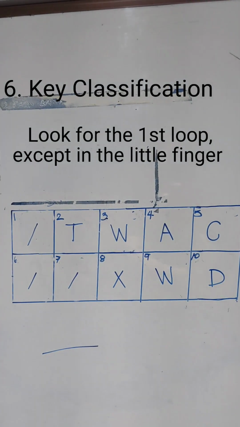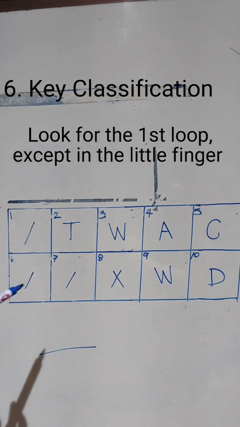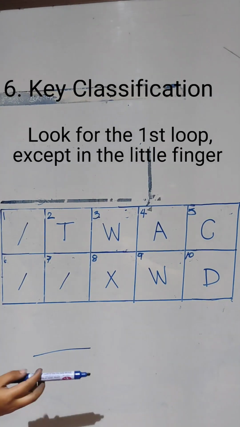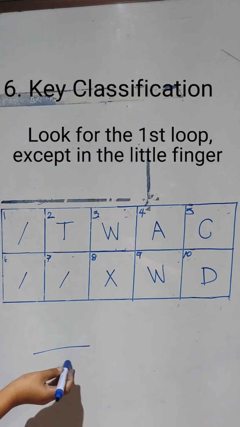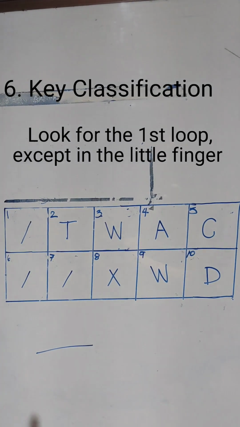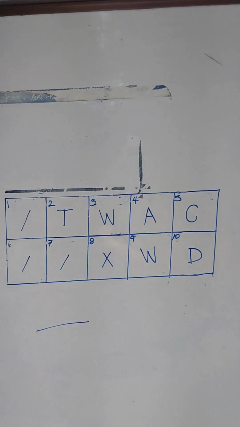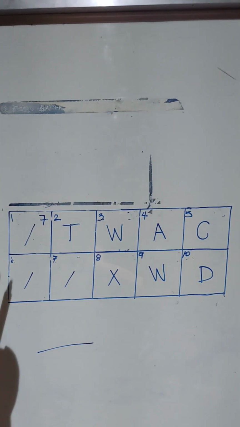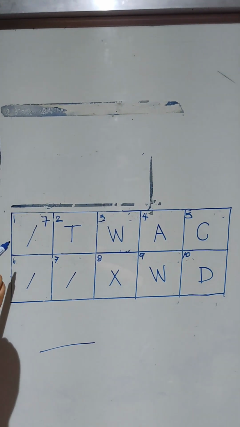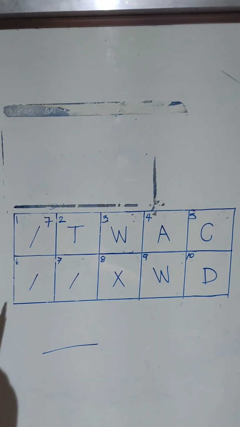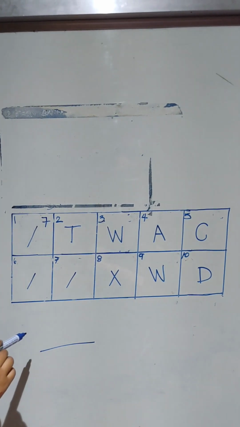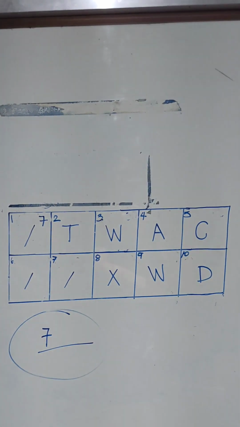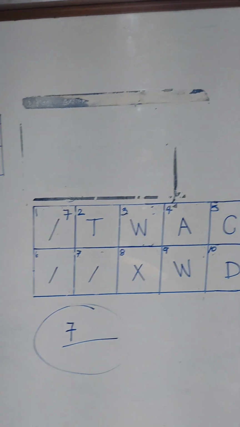By the way, K classification is unique among the 6 classifications because it doesn't have a denominator. Now let's see where is our first loop. So this is our first loop, and now we're going to put it in our numerator. This is now our K classification.